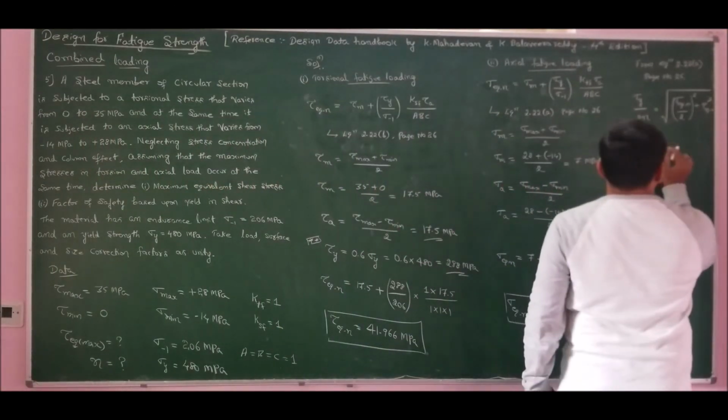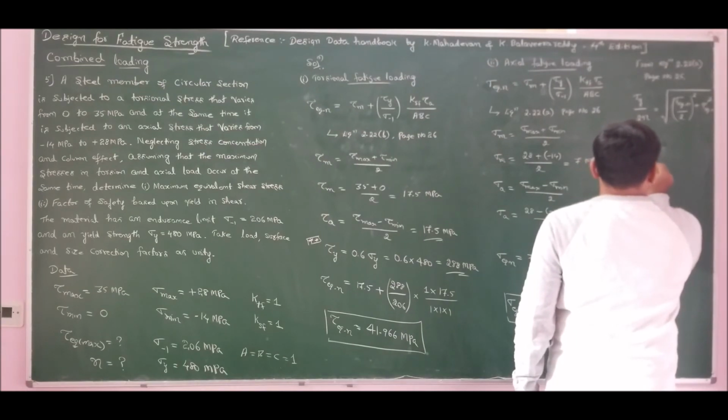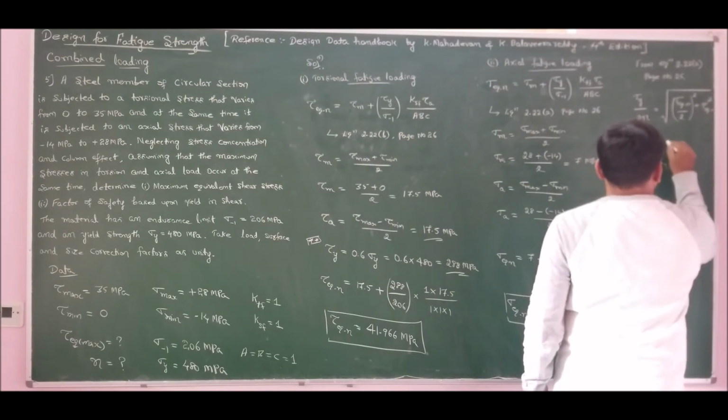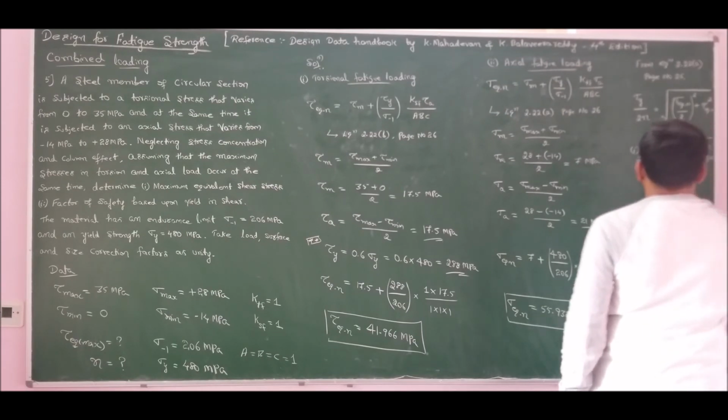So let us solve individually. Tau max is equal to the root of sigma equivalent n by 2 whole square plus tau equivalent n square.